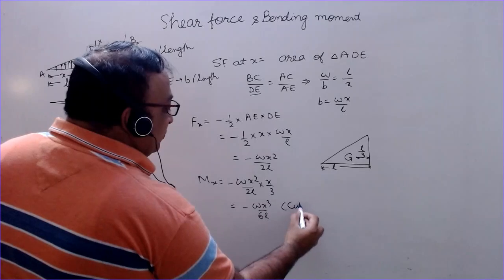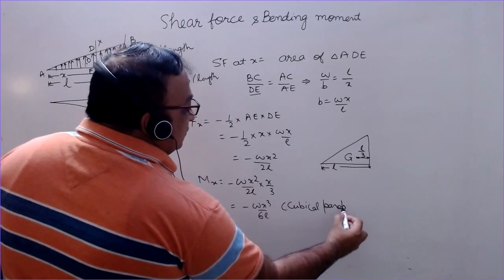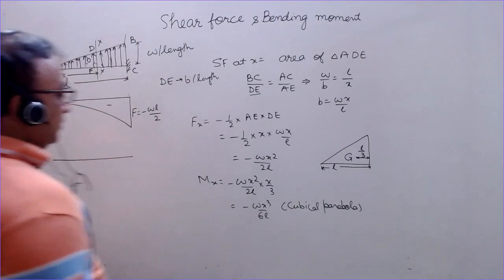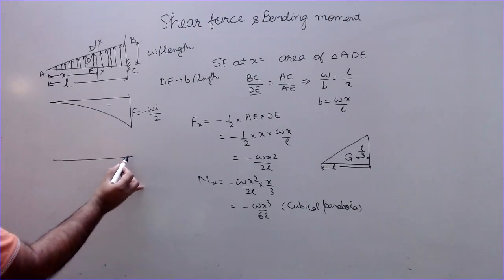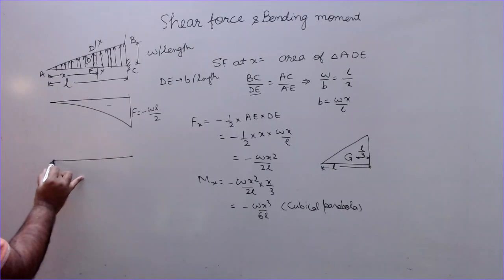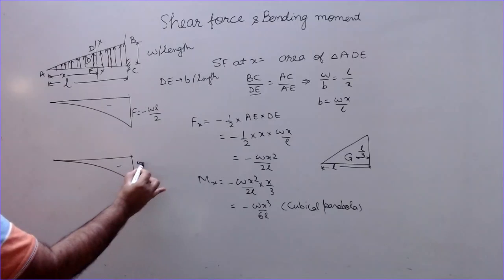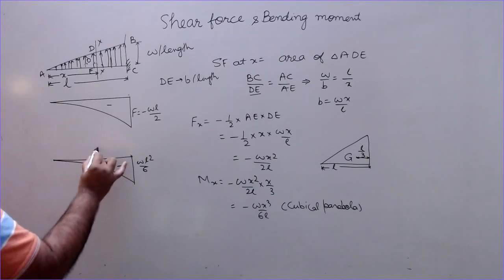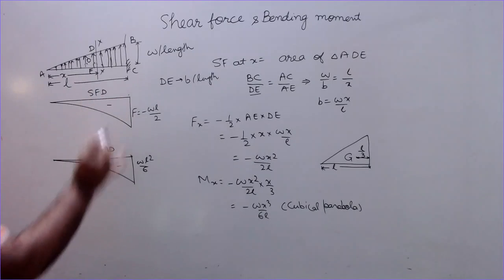This is a cubical parabola. And if you draw this, at x equal to 0, this is 0. At x equal to L, this is minus WL square by 6. This is the bending moment diagram, and this is the shear force diagram.